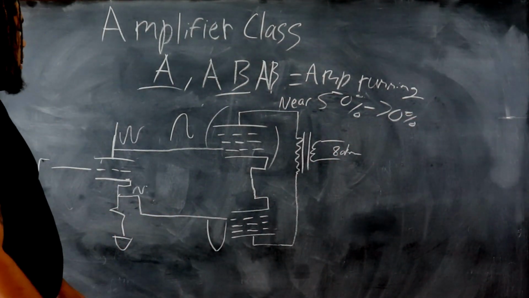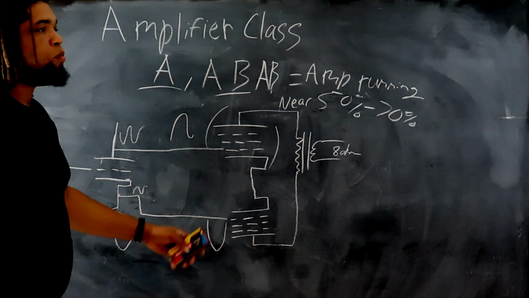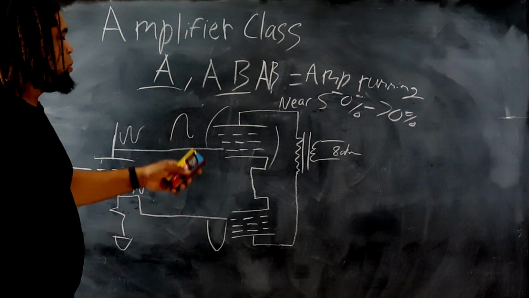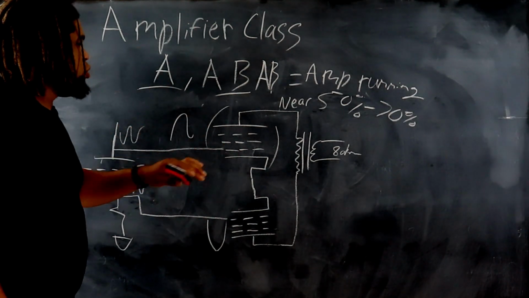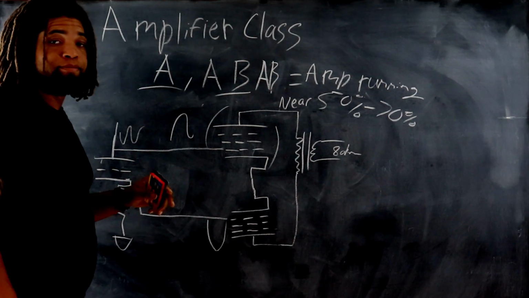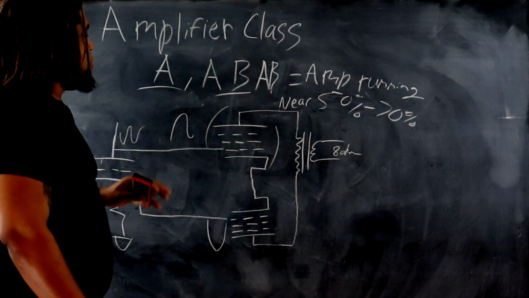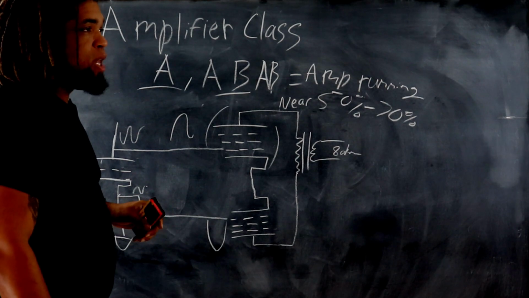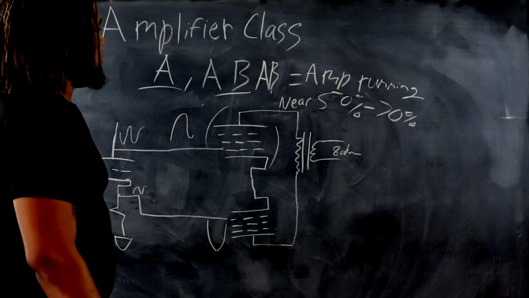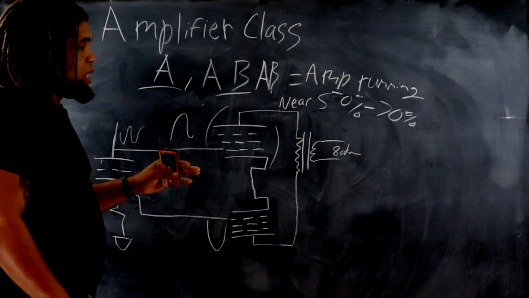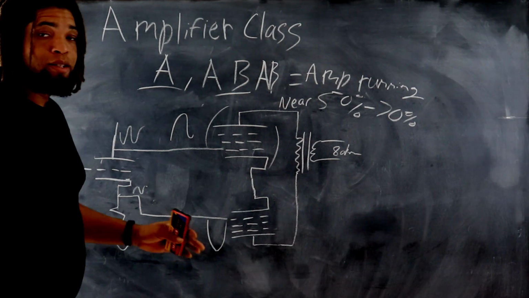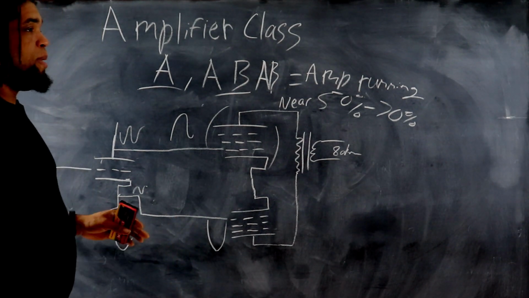But because of that, you're able to get more wattage per tube, and you're also able to run them a little bit cooler, right? So that will help in your tube life as well. So these things are not going to be on all the time. They're going to be on 50 to 70% of the cycle, right? Depending on how you bias this, now that's another topic, but it depends how you bias it.